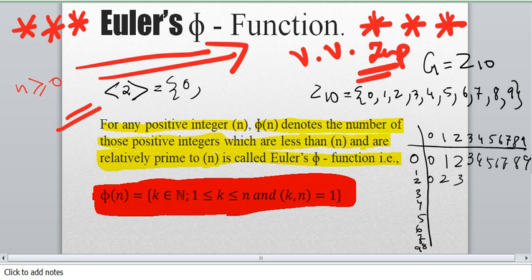Then 0 plus 2 is 2, 2 plus 2 is 4, 4 plus 2 is 6, 6 plus 2 is 8, 8 plus 2 is 10, which goes back to 0.